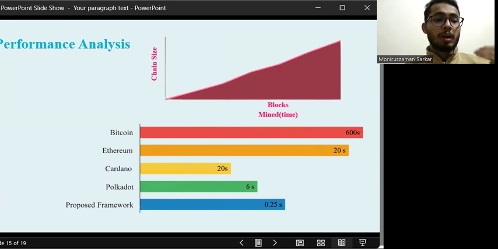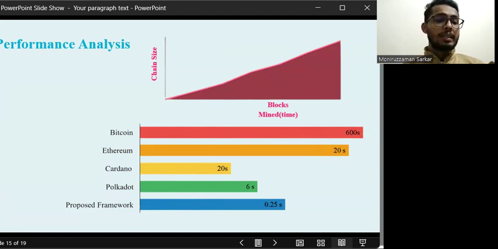And the bottom graph shows a bar chart comparing the block confirmation time across the different blockchain platforms.